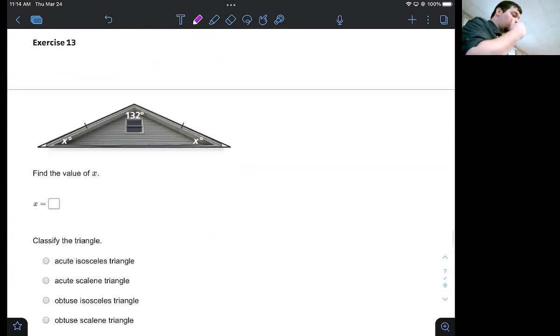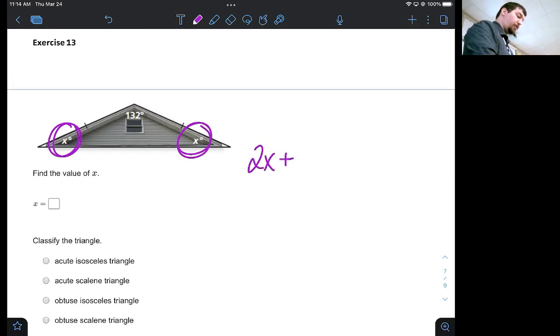Number 13, this one I'm going to have to set up an equation for. Are you okay if I just go ahead and say that 1x and 1x is 2x? Okay, so instead of having to write it down multiple times, and then I'm going to add the 132-degree angle to that, and it's going to give me 180 because this is a triangle. So that's the equation I can write. Do I get rid of the 2 or the 132?